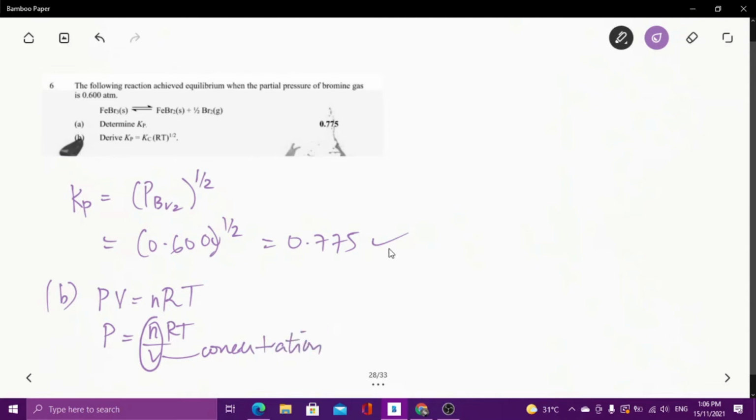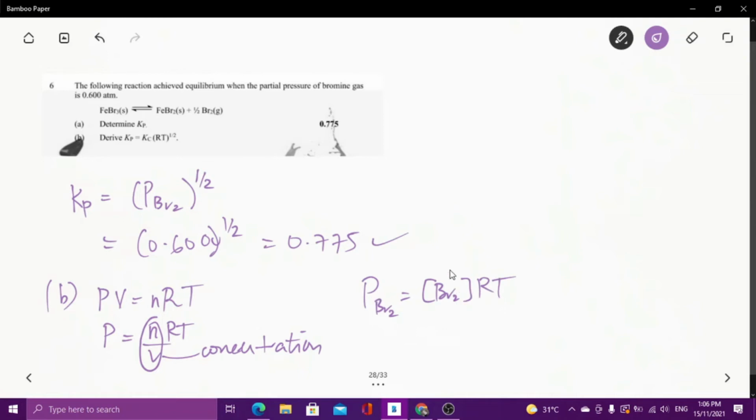So maksudnya concentration times RT bersamaan dengan pressure. And in this case, okay, so kita cuba tukarkan sikit kat sini. So maksudnya kat sini, partial pressure of Br2 is equal to the concentration of Br2 darab RT. Okay, so nampak tak relationship dia?